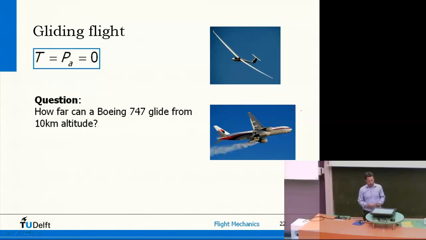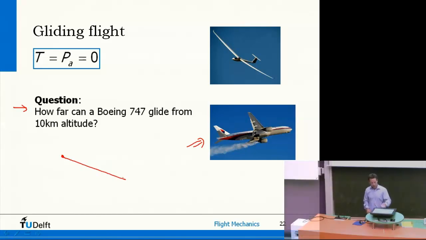Now, if you look at this question, we already showed it, but for a civil aircraft, of course, if you're in an engine failure, the objective is that you're still able to reach the airport without power. So here the angle is important.